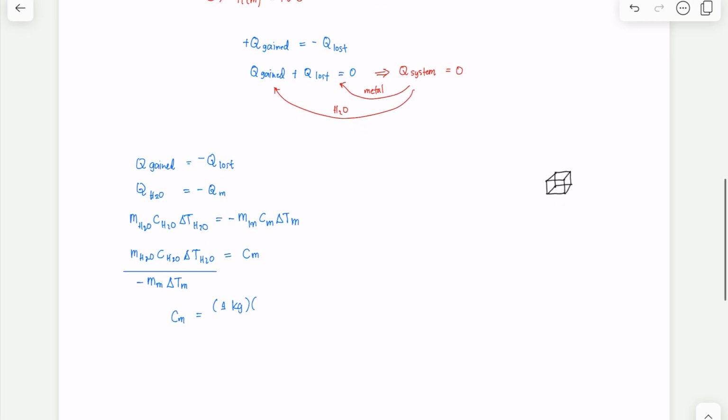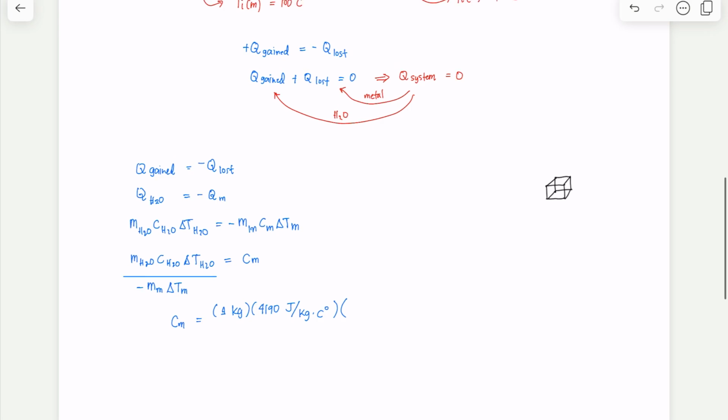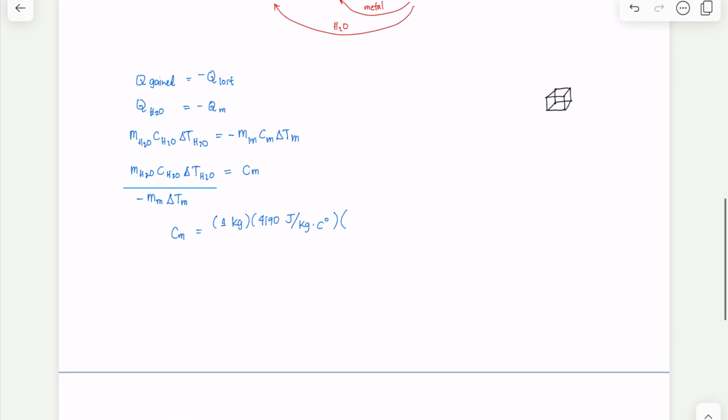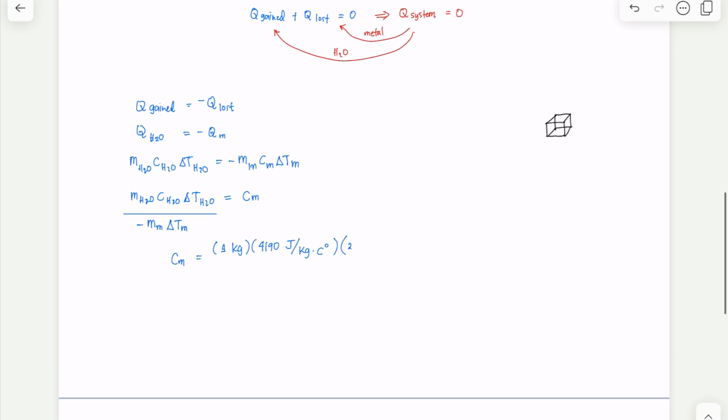And the specific heat of water, I'm hoping you are very familiar. It's approximately 4190 joules per kilogram Celsius degree, or Kelvin, it may mean the same thing. And then the change of temperature of your water: the final temperature is 22 degrees Celsius, and the initial temperature is 20 degrees Celsius.